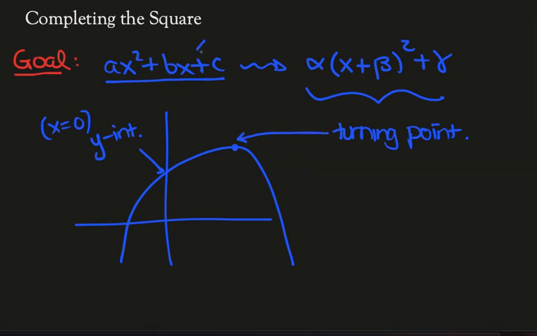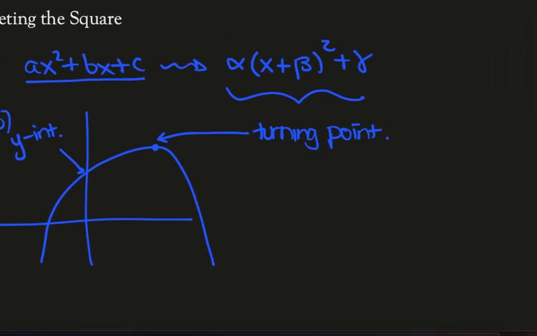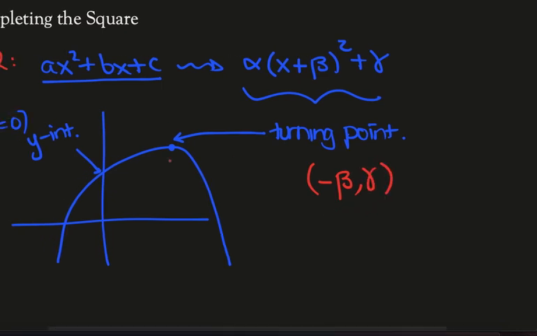This form tells you very little about the turning point, essentially nothing. But this form tells you everything about the turning point. It tells you that the turning point occurs at minus beta, comma gamma.